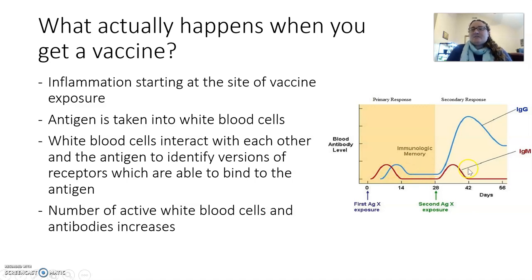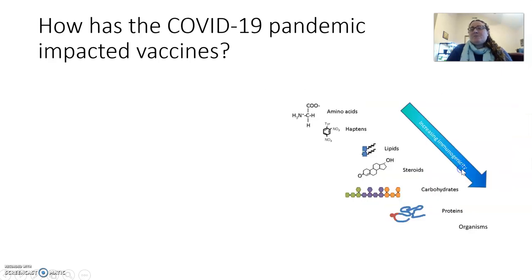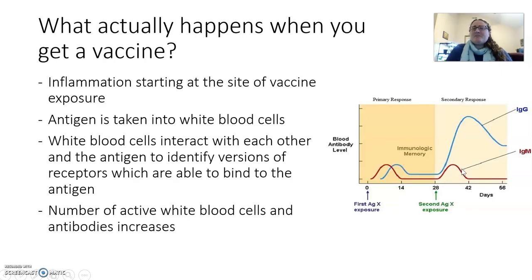IgM is something that's produced fairly quickly, but it doesn't have the ability to be produced at a high rate. So you can see the IgG on a second exposure is going to peak at a much higher level. This is why you'll see some vaccines have boosters, because after the first response, which takes about 2 weeks, a second exposure is going to increase your ability to respond in the future.